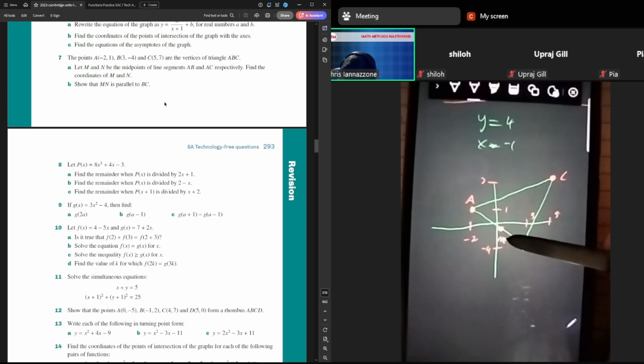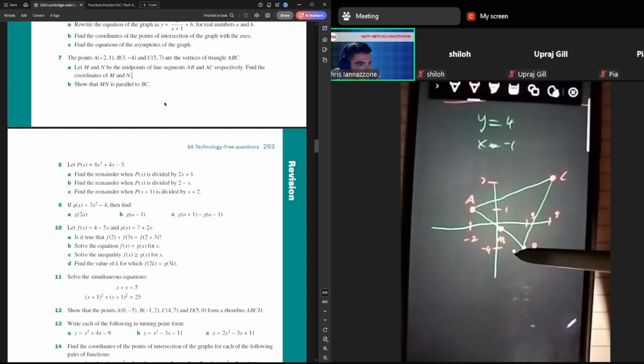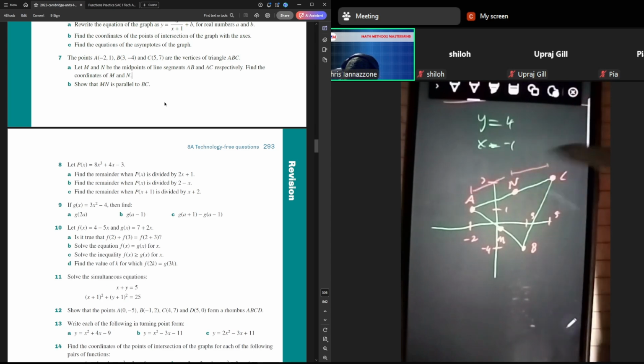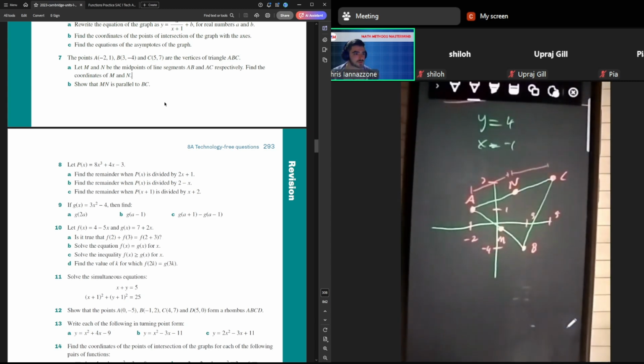Just keep that in mind. And then N would be our AC. Based on the scale I've drawn here, that would be N. These are supposed to be midpoints, so equidistant here and here, and equidistant between A and B as well.